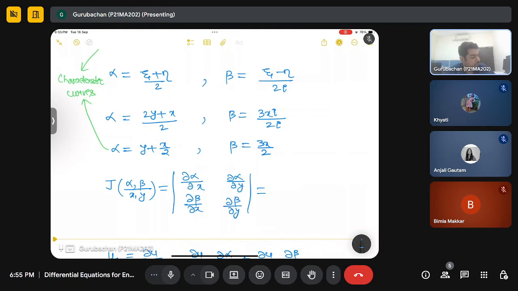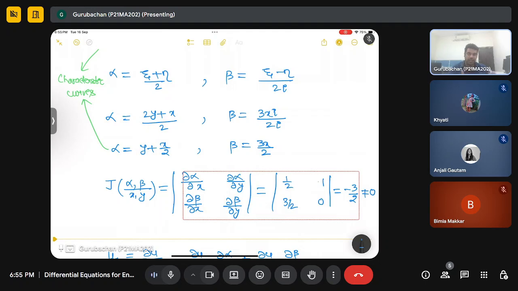For simplicity I'm denoting it this way. So this will be 1 by 2, with respect to y will be 1, and this will be 3 by 2, and this will be 0, since there is no term of y in beta. This will be minus 3 by 2, which is non-zero. That means we can get the inverse transform of alpha beta in terms of x and y. So we always prefer to check these things.